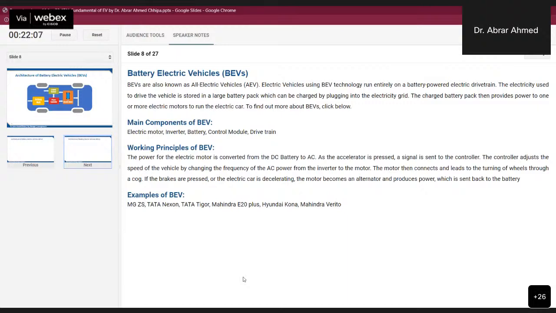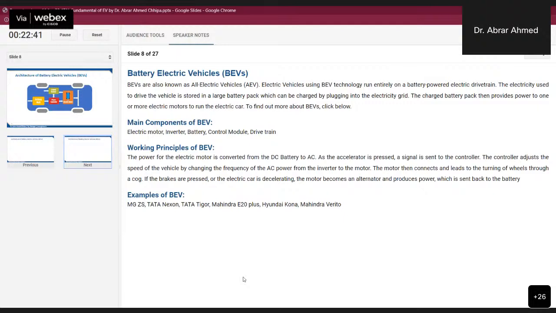So if I talk about examples of BEV in our India, then Morris Garage, you already know the short name is MG. MG Hector. Just to let you know that MG is producing the ZS model. Tata produces Nexon, and earlier than the Nexon, they produced a Tiago in the market, and the first one in the Indian market was the Mahindra E20 Plus.